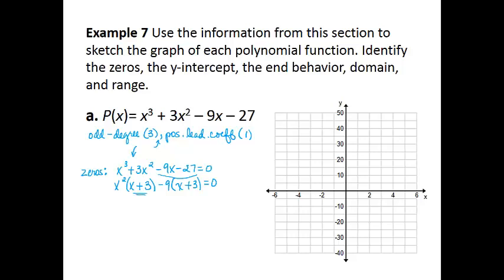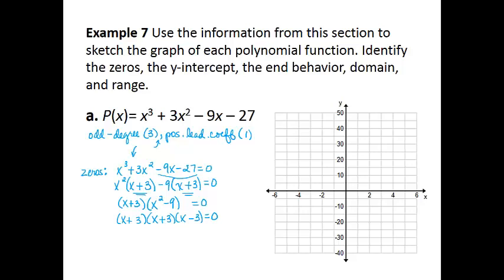Now we have a common binomial of x plus 3 that we will factor out. So we have x plus 3 times the remaining factor of x squared minus 9 equals 0. The x squared minus 9 is a difference of squares that factors as x plus 3 times x minus 3.